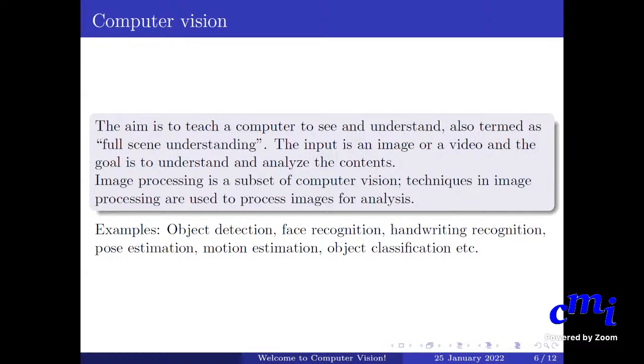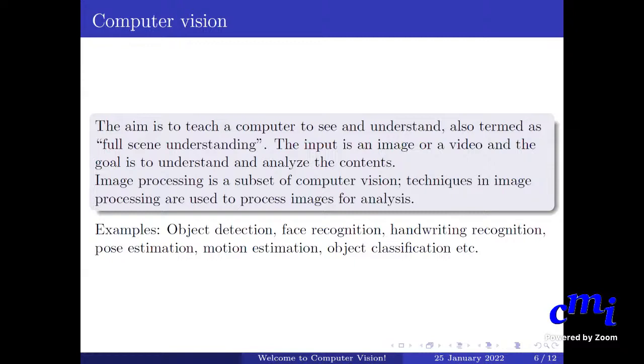So from an image, you want to understand the contents of the image, and not just understand as a human, but you want the computer itself to understand. You want to give the computer an image, and you want it to spit out a statement about the content of the image. That is essentially what computer vision is about.